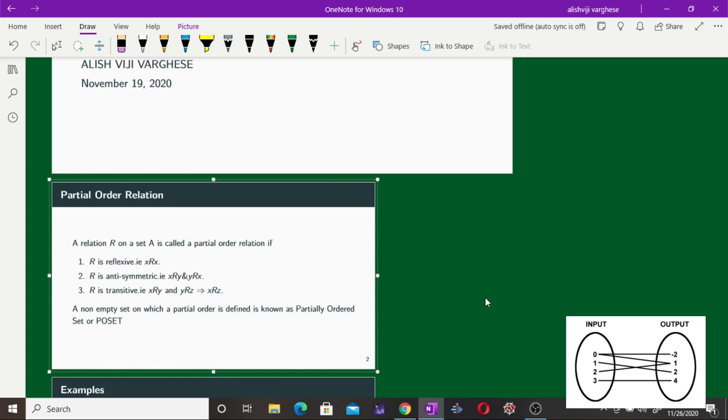By antisymmetric, what we mean is if x is related to y and y is related to x, then x is equal to y. So here, if R is a reflexive relation, then x is related to x itself.